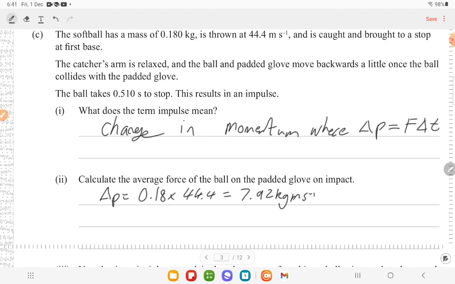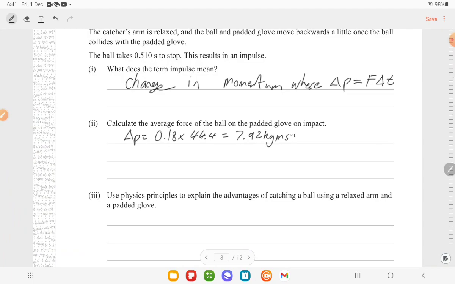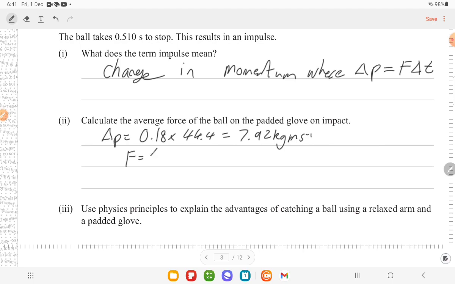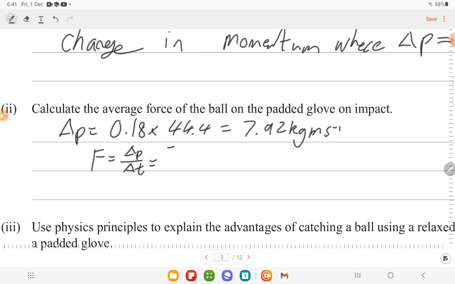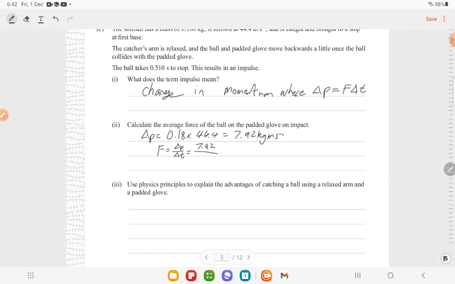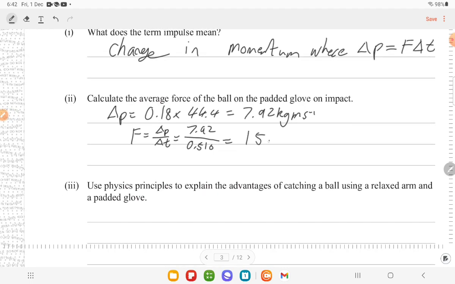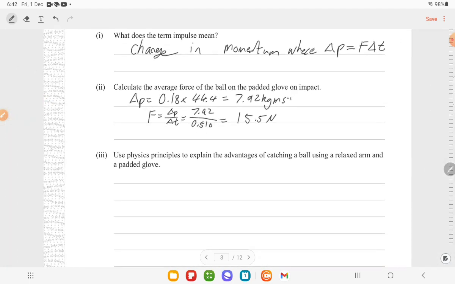And we have this equation: change in p equals force times change in time. Force is equal to change in p over change in time. This is equal to 0.92 over 0.51, which is equal to 15.5 newtons. Yeah.